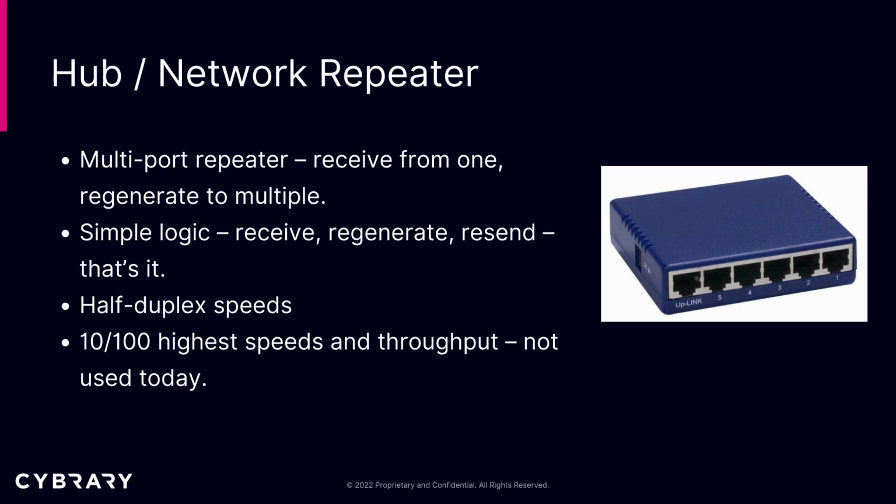It's simple logic: receive, regenerate, resend. That's what a hub does. It resends all the information out of all the ports. It only worked at half duplex, and 10/100 was the highest speed and throughput it was capable of. As you can see, these are not robust and not really found much, but they're still out there. So you may come across a hub.